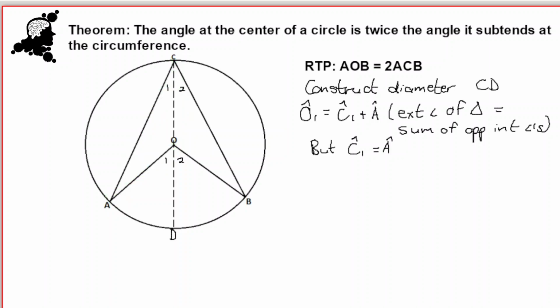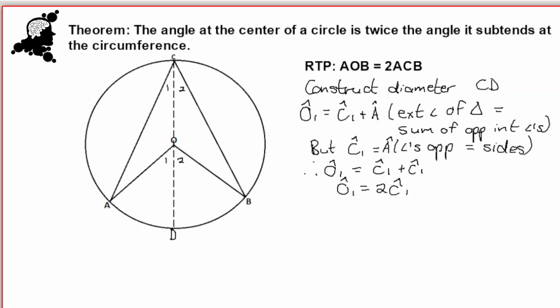So the reason we can give for this statement is that these are angles opposite equal sides. Therefore, if I go back to my first equation, where I see A, I can substitute C1. So this is C1 plus C1, which gives me 2C1. So angle O1 is equal to 2C1.